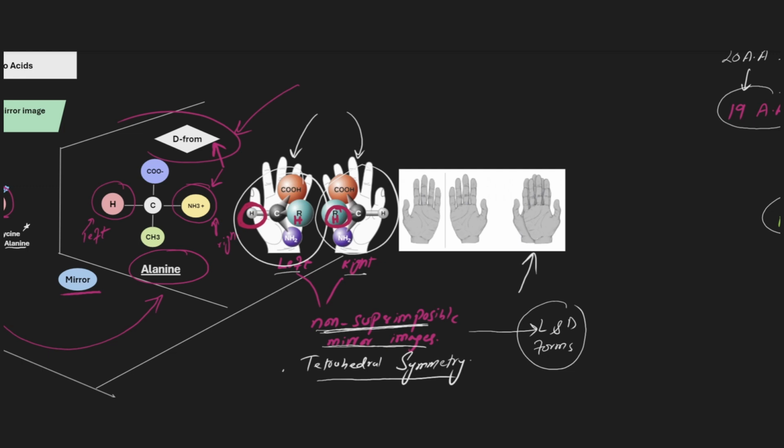So when any one functional group around the center carbon is superimposing on the same group in the other structure, again I'm repeating it, then it will not be called a non-superimposable form.